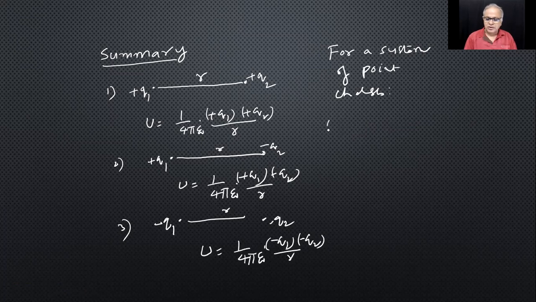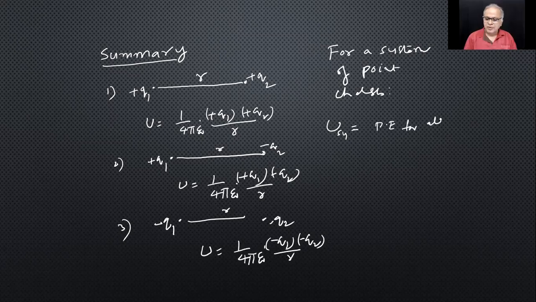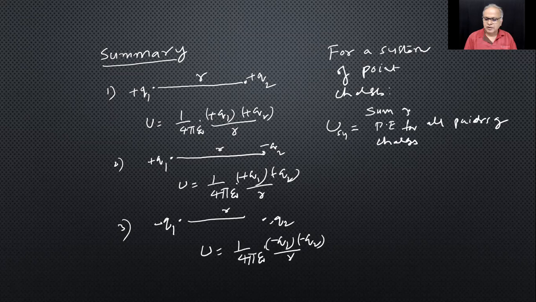That is, U of the system will be equal to the sum of the potential energy of all pairs of charges, or every pair of charges.